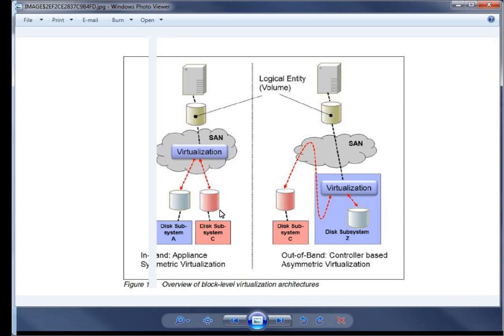It doesn't matter that one disk subsystem comes from a third-party vendor X and the other comes from a third-party vendor Y. The reason that is possible is because of the in-band virtualization it is doing at the fabric level.